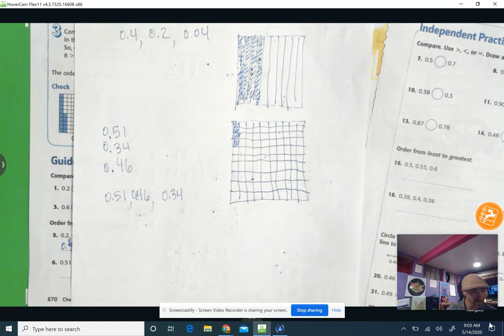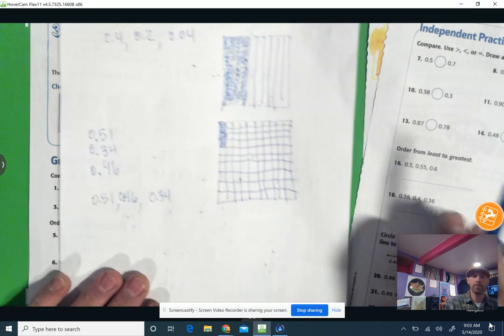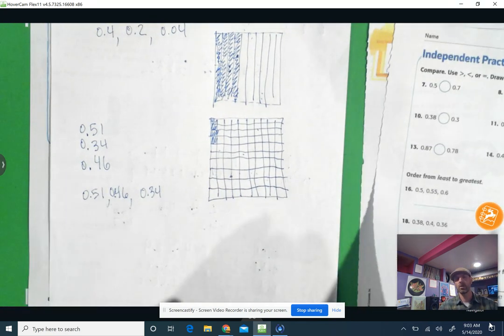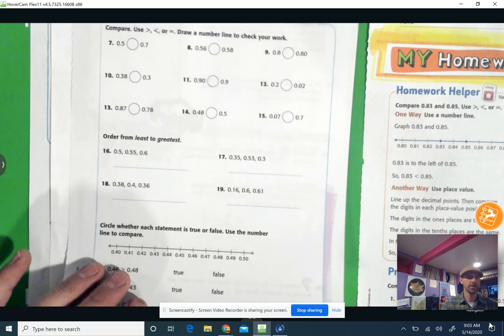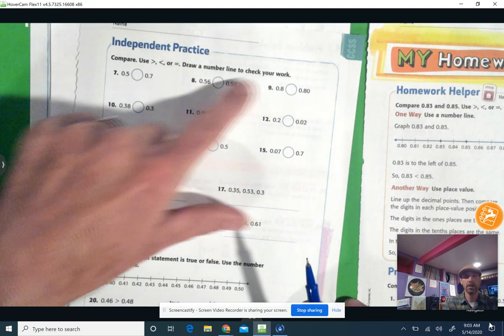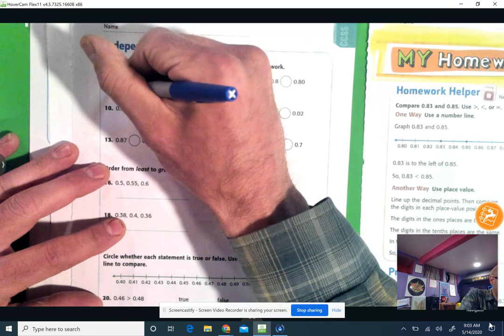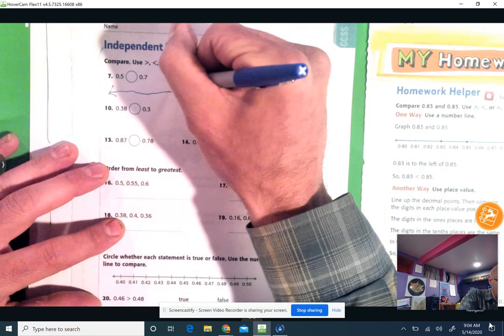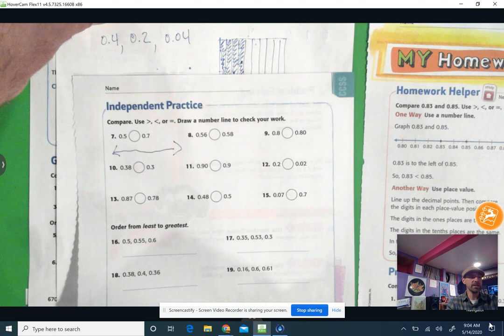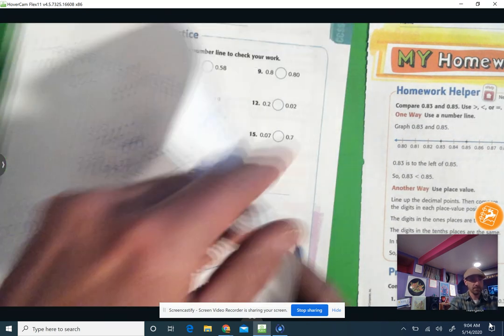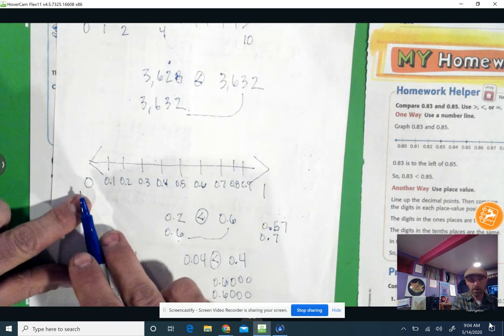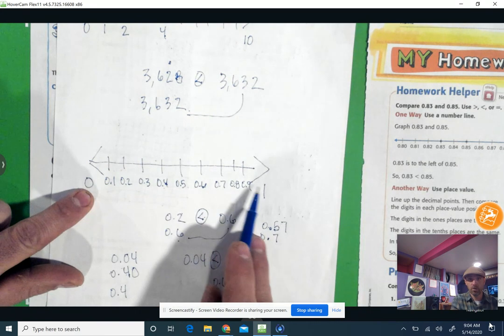So that is comparing decimals. That is ordering the decimals by following directions, greatest to least or least to greatest. You are going to be asked on your independent practice or your homework page to use a number line to check your work. Draw a number line from 0 to 1.